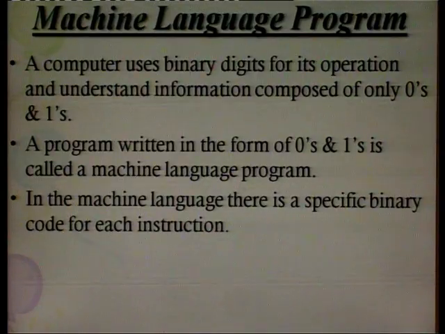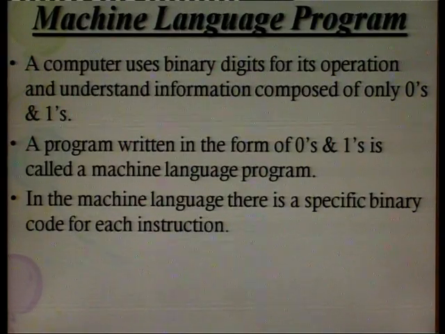Before we start the programming principles, we must understand what a machine language program is and what an assembly language program is. Now, a computer uses binary digits for its operation and understands information composed of only zeros and ones.